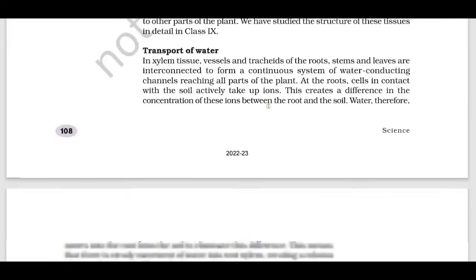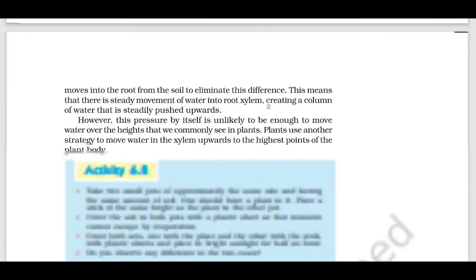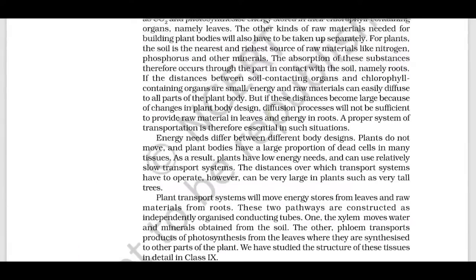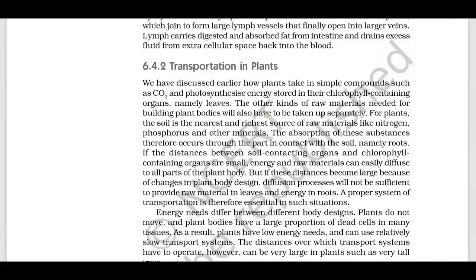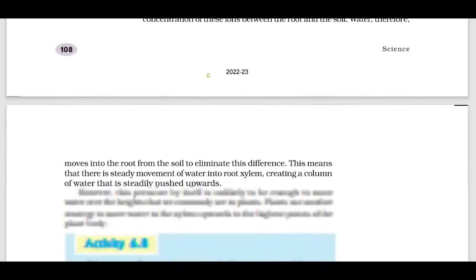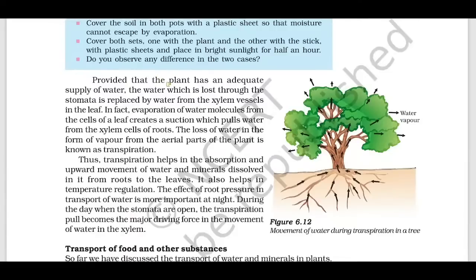Transportation in plants: transport of water, transport of soluble minerals, transport of food, and exchange of gases. Very important, a definite 3 mark question. And also you should know the concept of transpiration and translocation, and the difference between them.